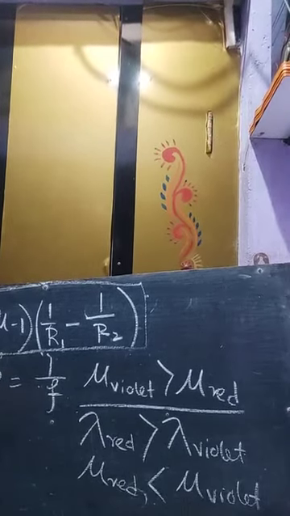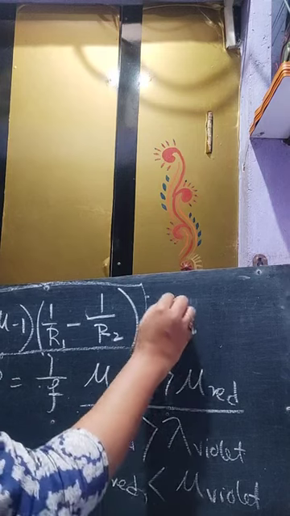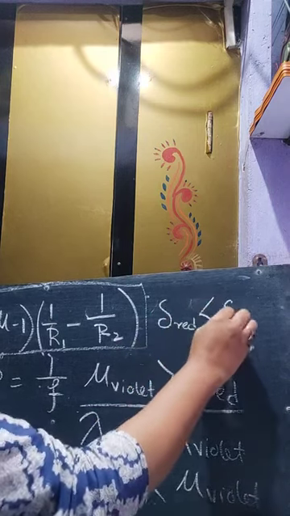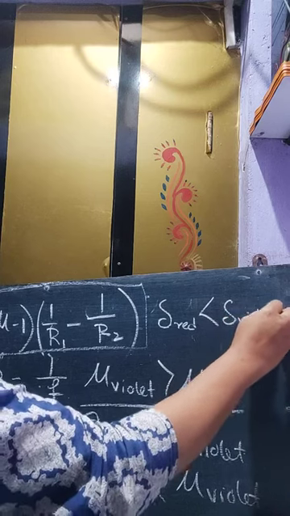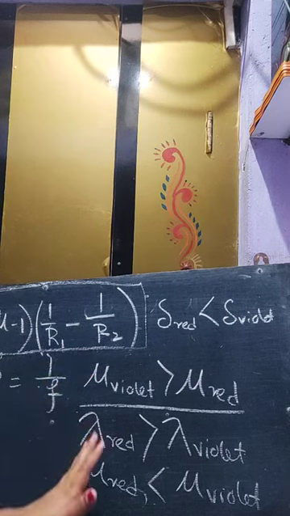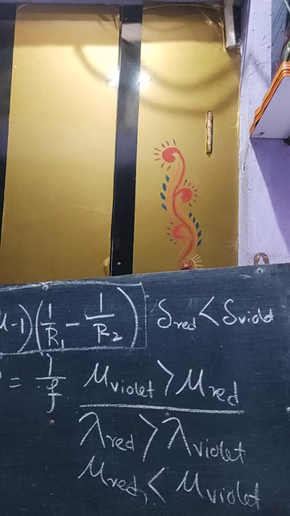Hence, the deviation of red should be less than the deviation of violet. So when incident violet light is replaced with red light, the angle of minimum deviation of the glass prism decreases. Okay.